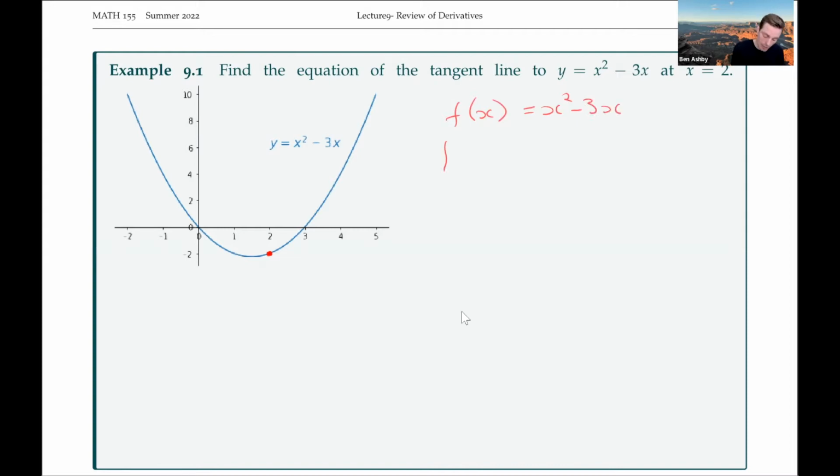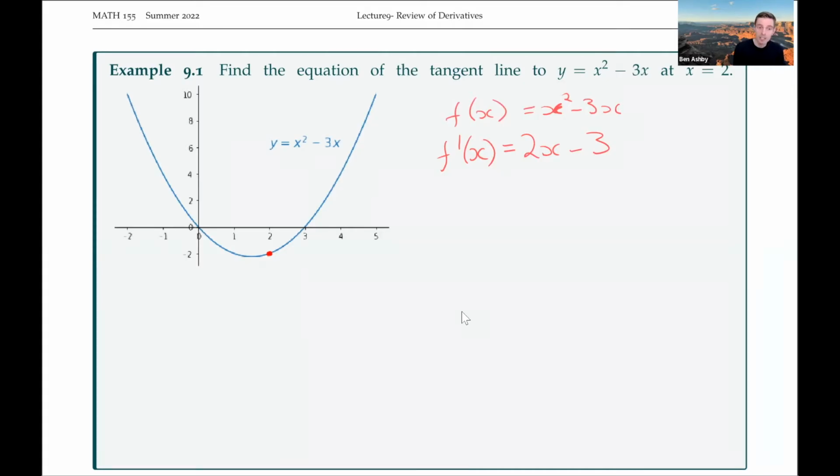So if we calculate the derivative, we'll talk about how we can calculate this in a couple of slides' time. We use the power law here, so we can just bring the 2 to the front, reduce the power by 1, so we have 2x from the x squared, and then minus 3 comes from the derivative of 3x.